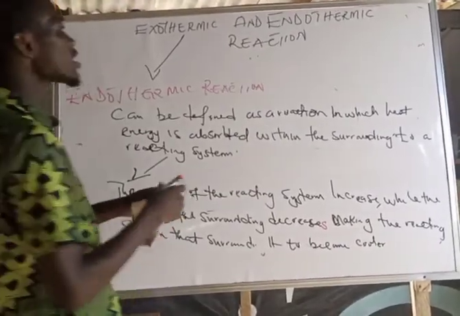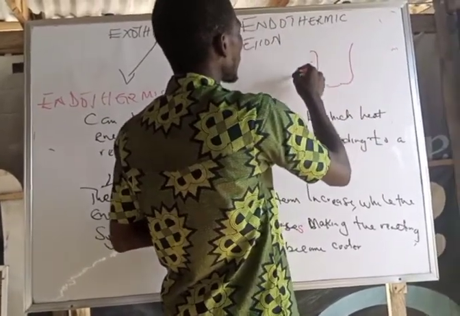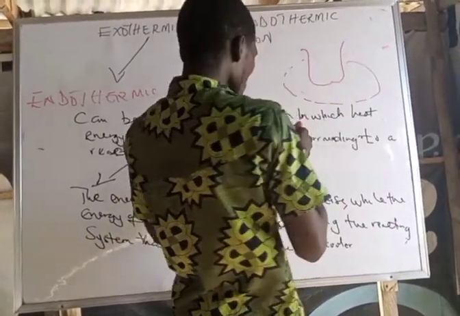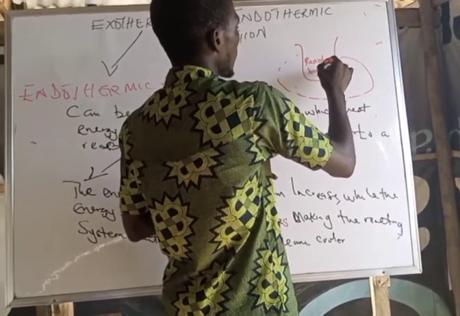So now, let's say we have a beaker here. We know that here will be the reacting system.